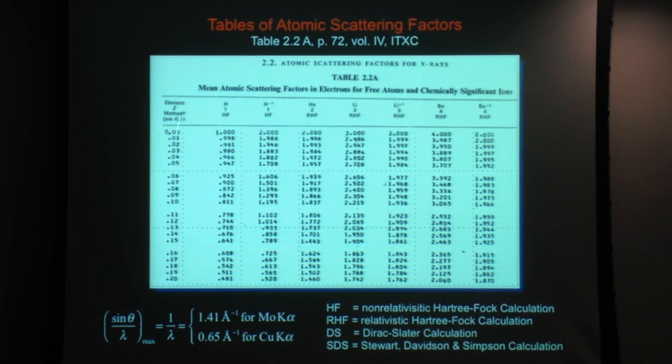Here these intervals are changing by 0.01 in sine theta over lambda. And for a selection of atoms, the hydrogen atom, free atom, or zero valence atom, and the hydride ion with its 2 electrons, okay? The helium atom with its 2 electrons, lithium plus, beryllium 2 plus, and so on.